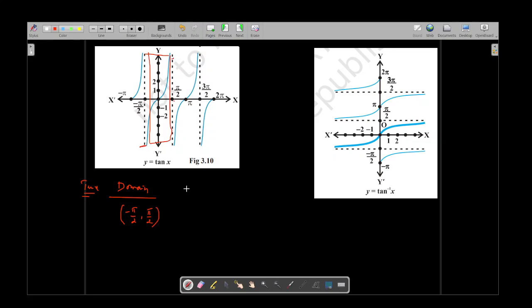It's infinity. And the range takes all the values of real numbers.